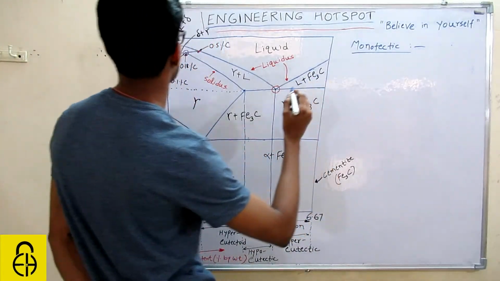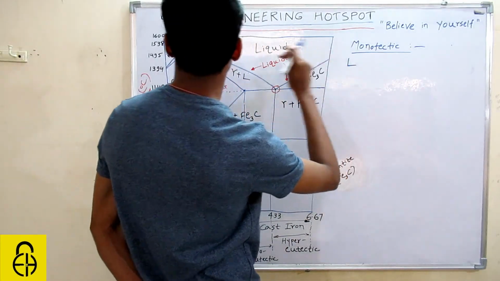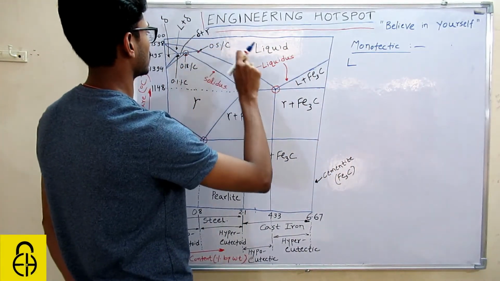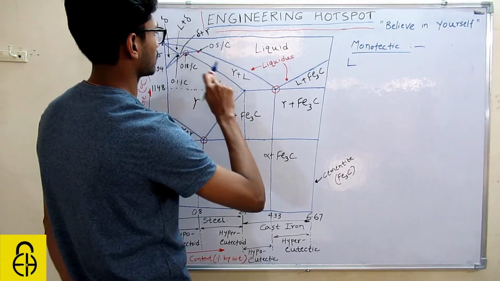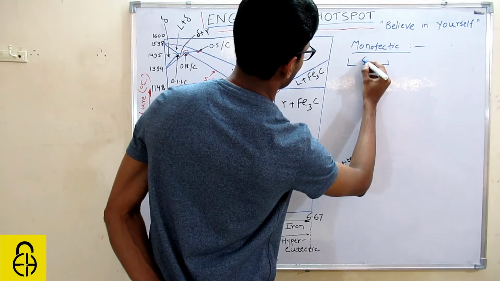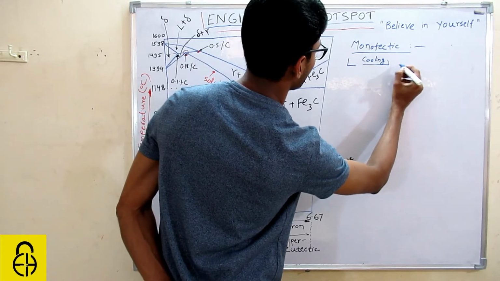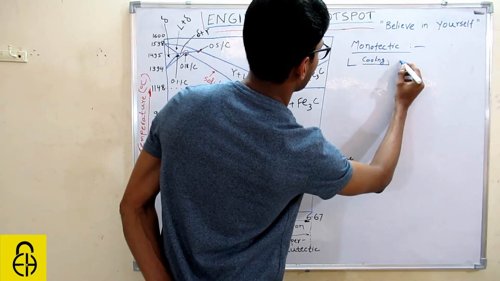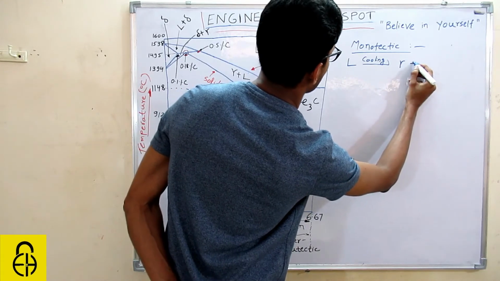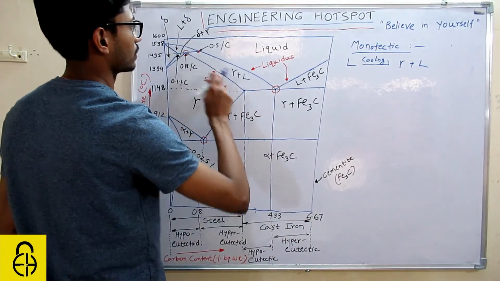So what will happen? You can see the liquid phase. You have liquid here, completely liquid. And if you start cooling it, on cooling, you will get gamma plus liquid. You can see gamma plus liquid, this region.